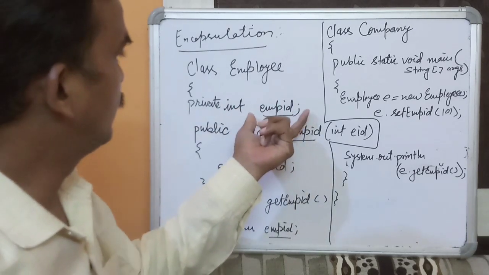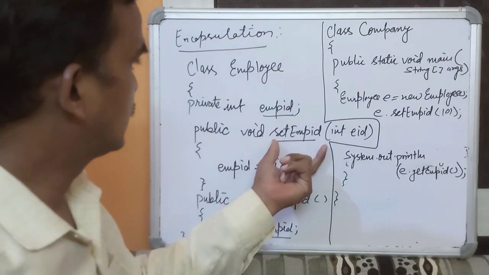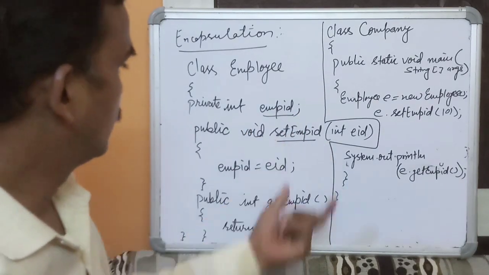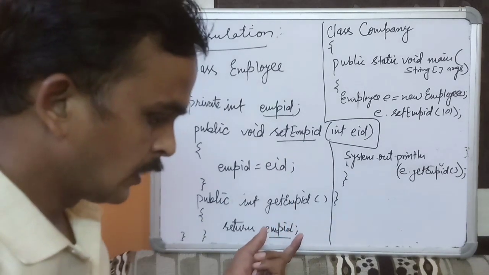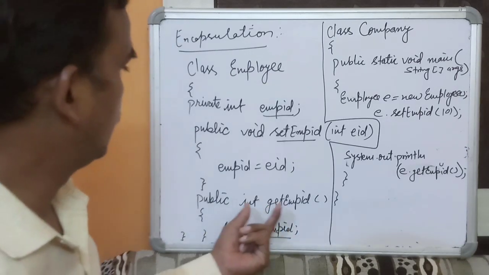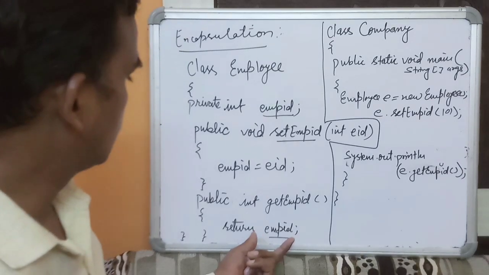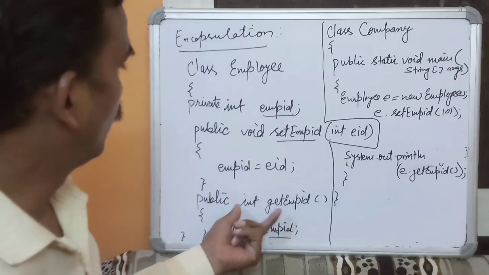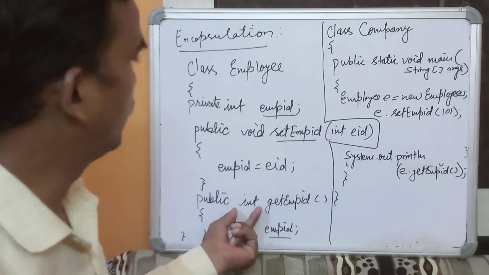In get empid we use public int get empid, return empid. We return the value of this, which is an integer type value, that's why we wrote int here.